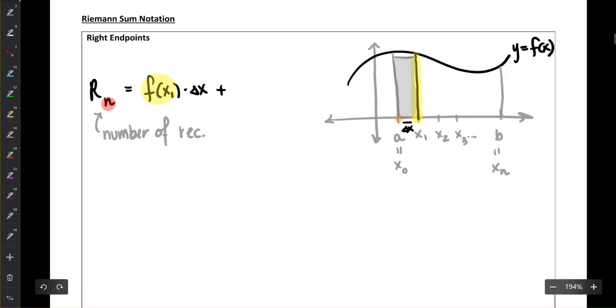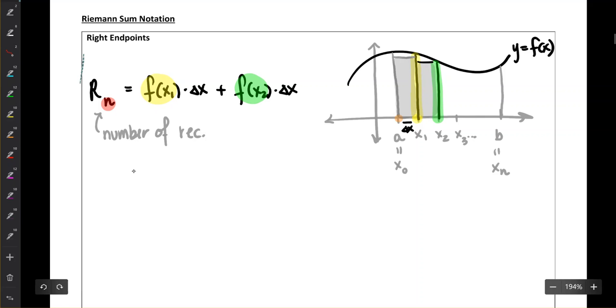Plus, for the height of the next rectangle, that'll be f of x2. Between x1 and x2, I'm going to choose x2, the right one, and then f of x2, that's the height, that's the y value of my next rectangle. Right, so height times your base.